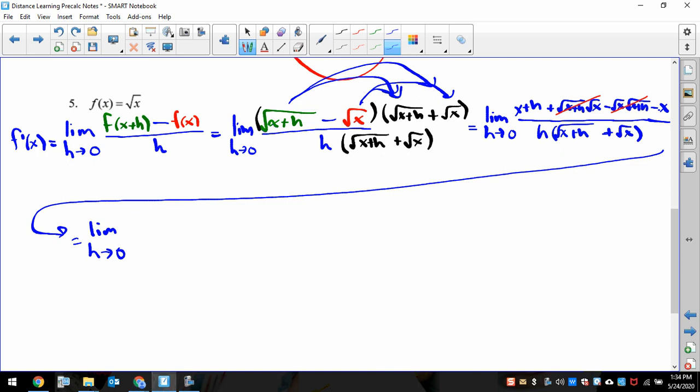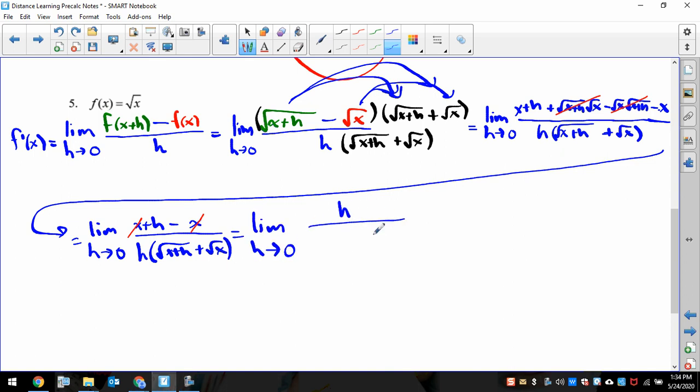So this is going to be x plus h minus x. That's what's left in the numerator, all over h times the square root of x plus h plus square root of x. And we see that the x's cancel. And now let's rewrite.